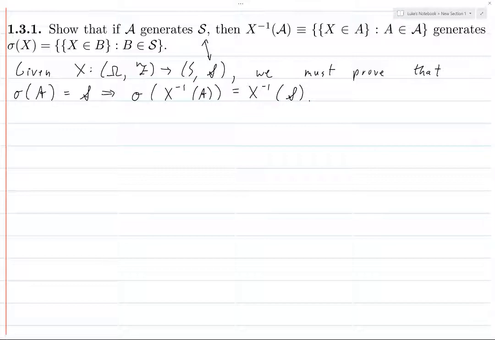I sort of like this notation better, using X inverse of a collection of sets to mean the collection of inverse images of sets in cursive S under the map X. And this is sort of like, let's see here.